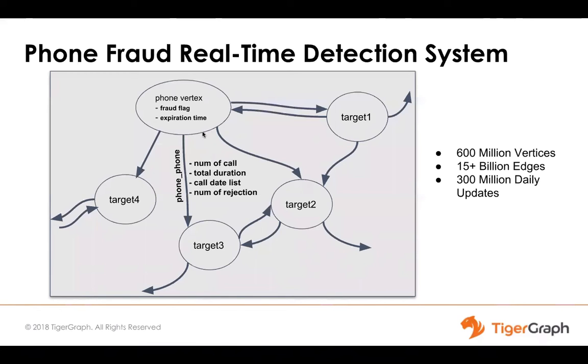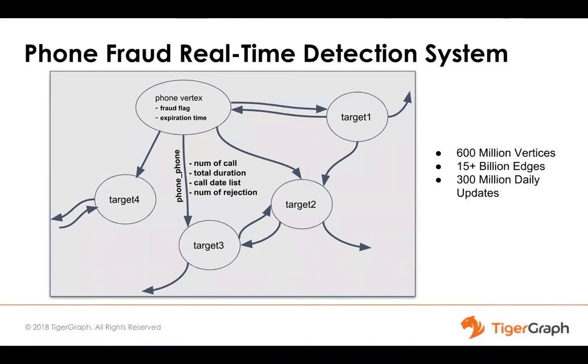And as we mentioned, on each vertex, we added a flag to indicate the fraud type of this phone. And also we have an expiration time for this flag. This expiration time depends on the fraud type. We found that once a phone is tagged as a scam or a good phone number, it's more stable, so we give it a longer expiration time than phones tagged as advertisement or harassment.